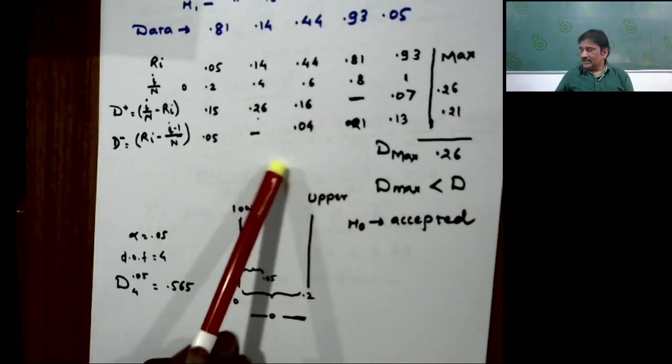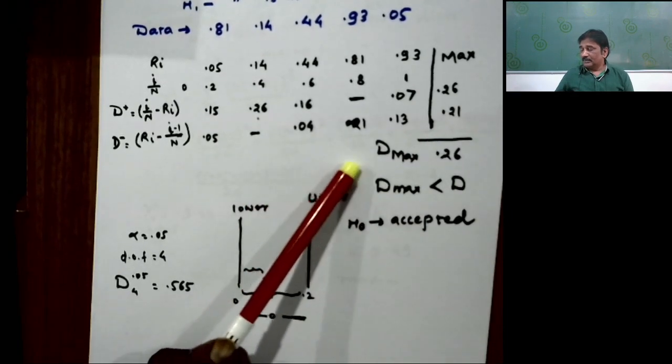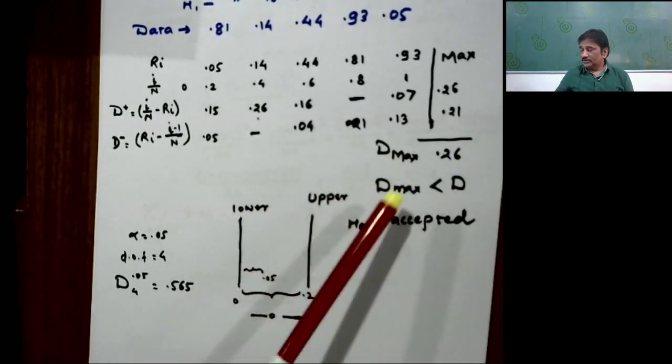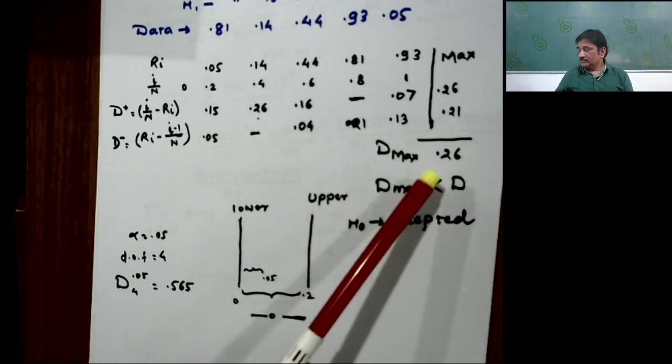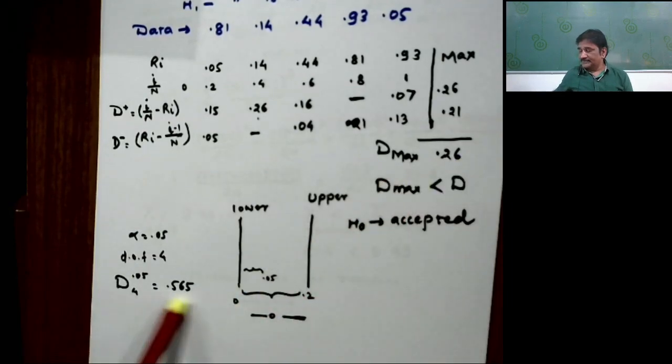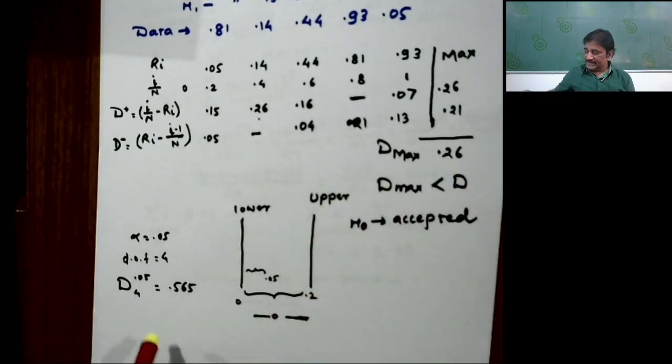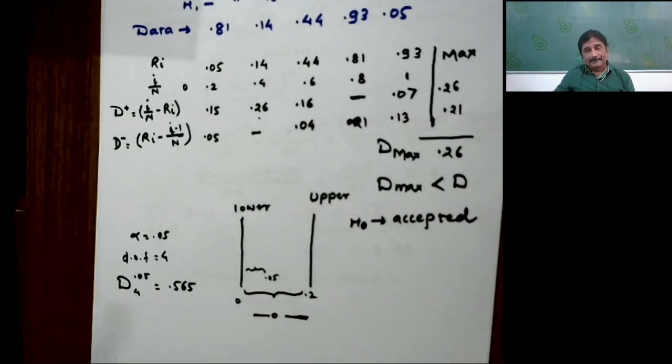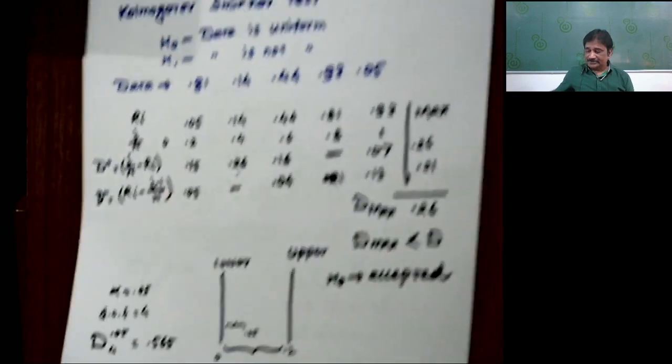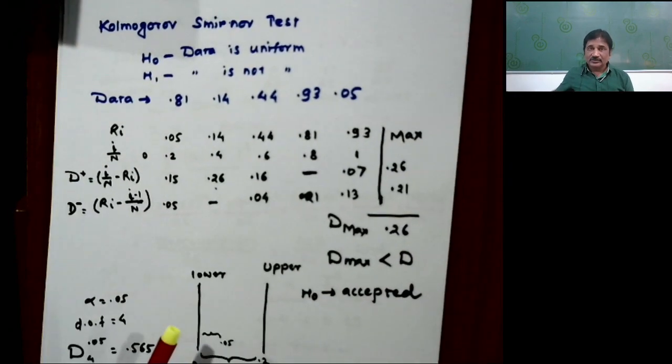As you find here, Dmax is 0.26 and here it is 0.565. As long as this is less than this, you will be accepting the hypothesis that the data is uniform.